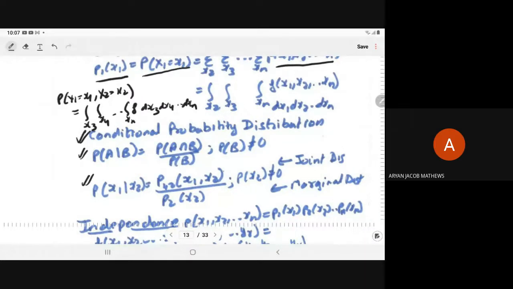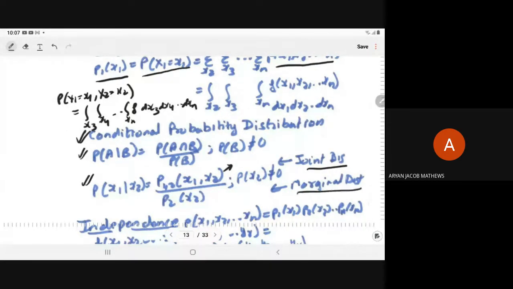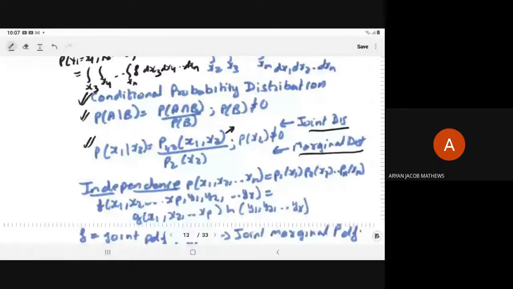In the numerator we have the joint PDF, and in the denominator we have the marginal PDF. So if you have to compute a conditional probability like this, you have to use both types of distribution, the marginal and the joint.